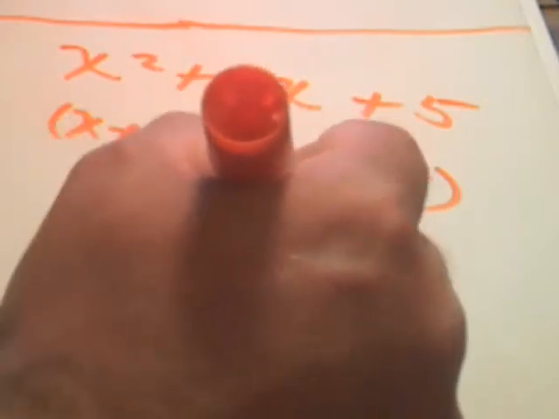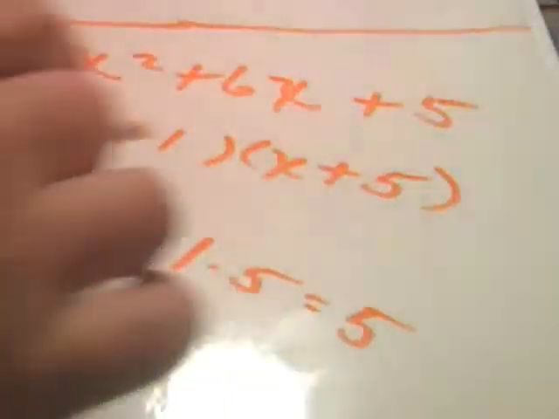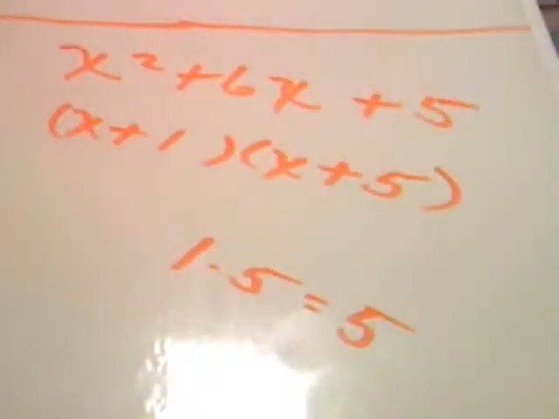Now I'm going to go out on a limb here and say 1 and 5. That's the only two things that 1 times 5 equals 5. That's the only two terms that we can have that equal to 5.